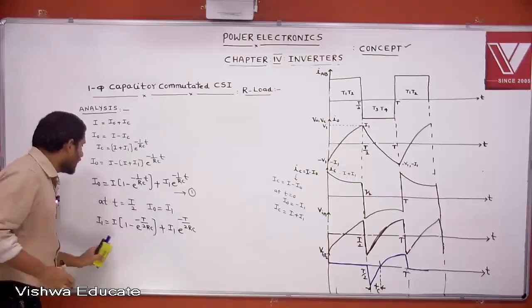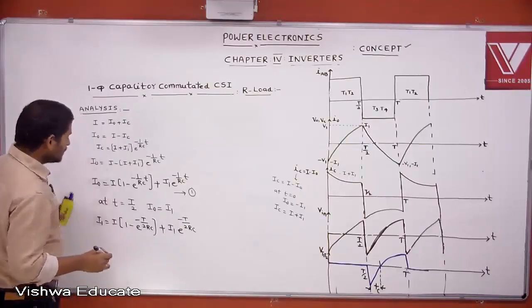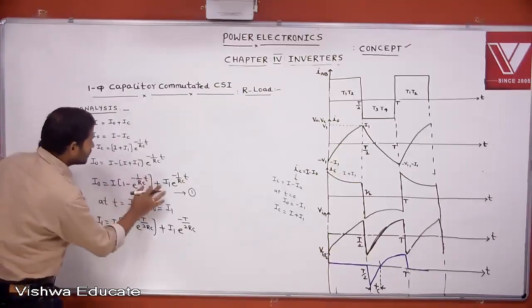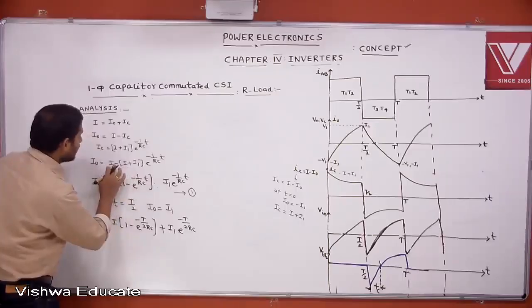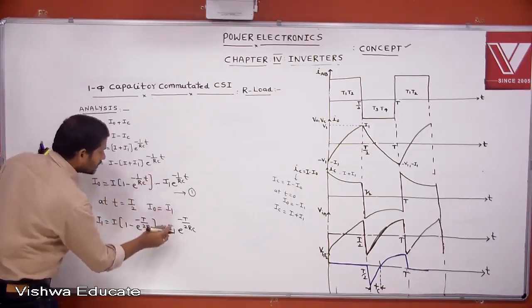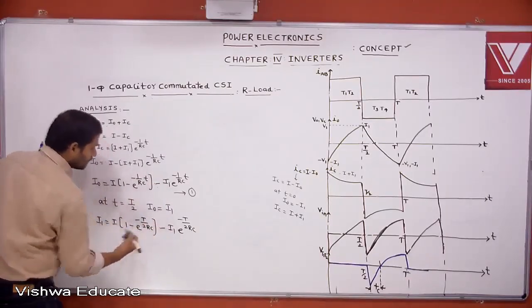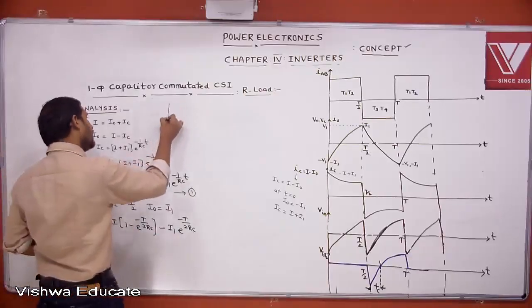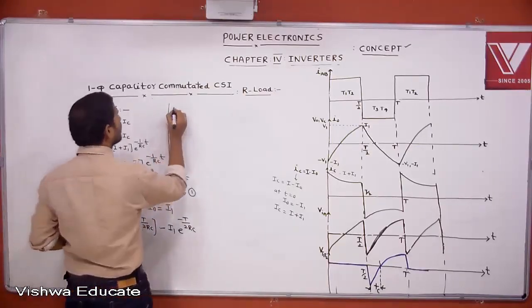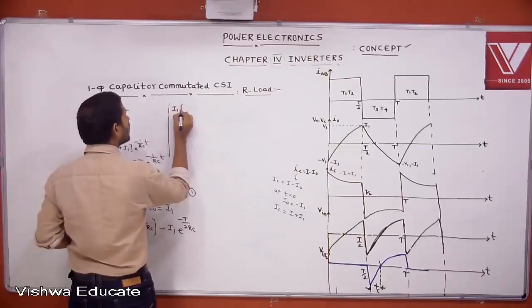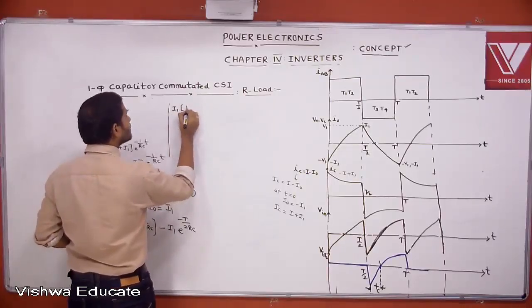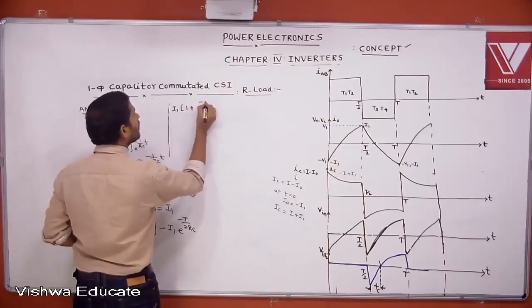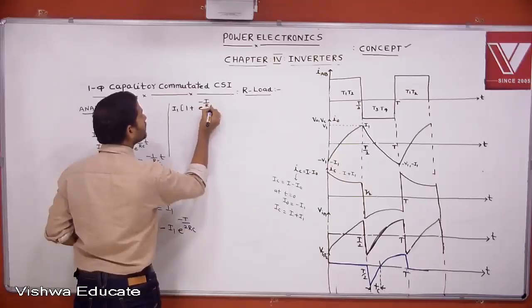Then you bring this side. This is minus, this is minus, plus into minus is also minus. Then take I1 common: I1 into 1 plus e power minus T by 2 RC.